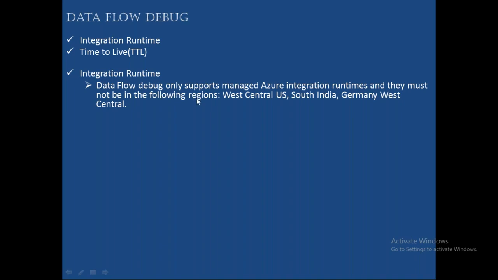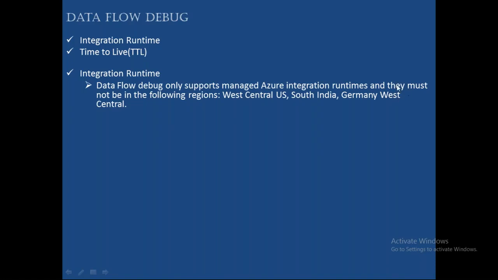Okay, we know, right, when we are creating the integration runtime, we can select the region. If you are going with auto resolve integration runtime, then it will decide the integration runtime dynamically at runtime, based on your destination. But if you are creating your own Azure integration runtime, you need to configure in which location you want.